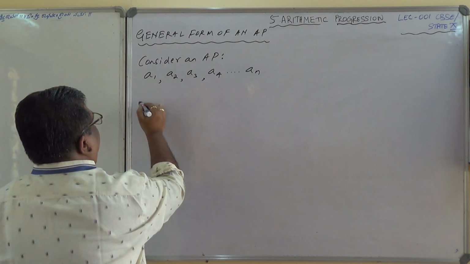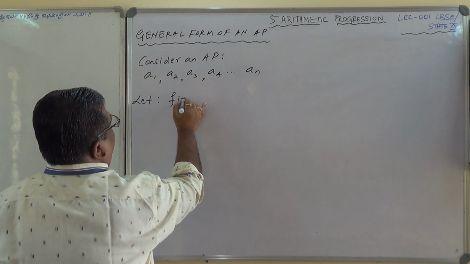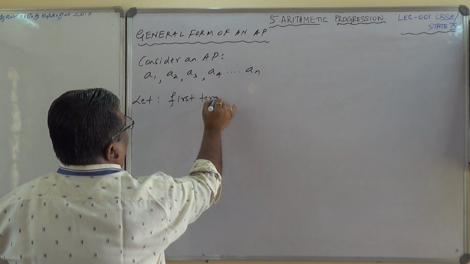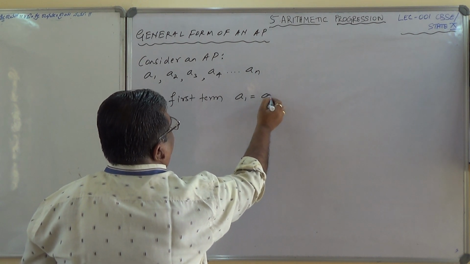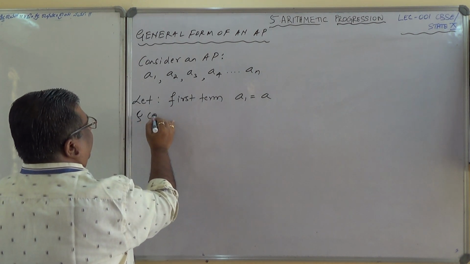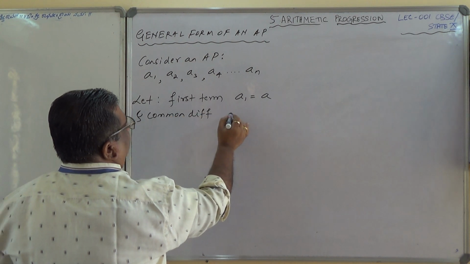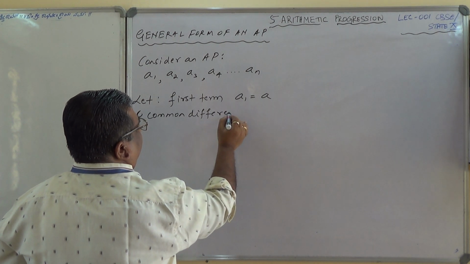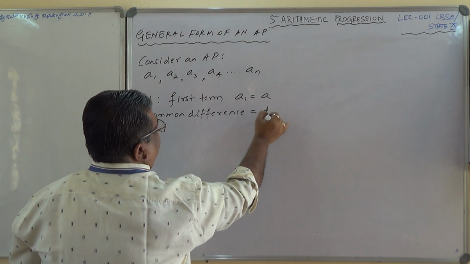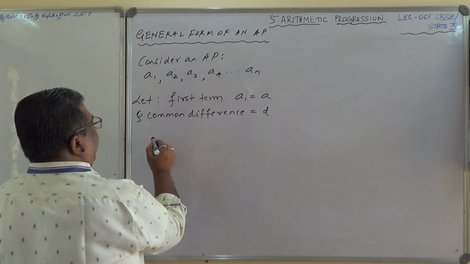Okay, let first term A1 equals A and common difference equals D.